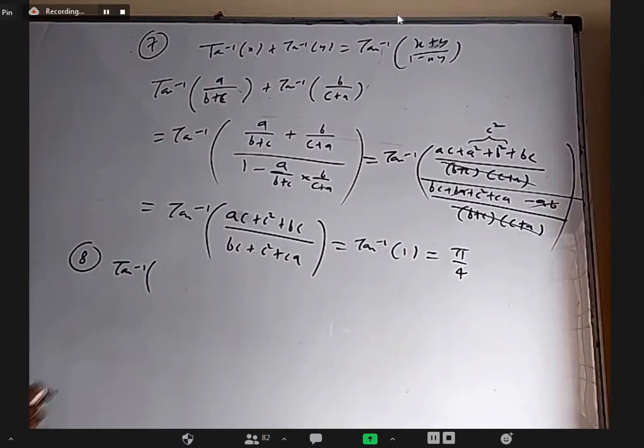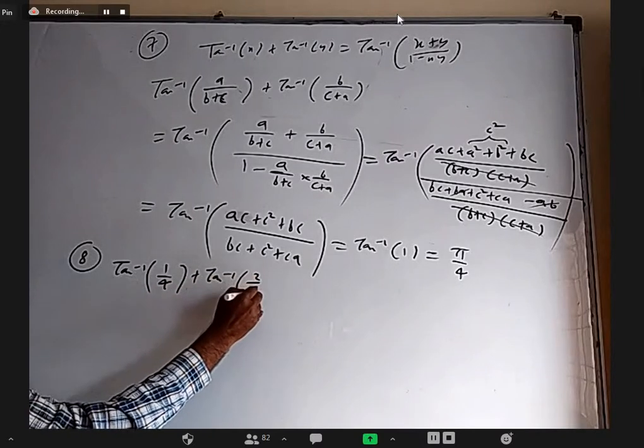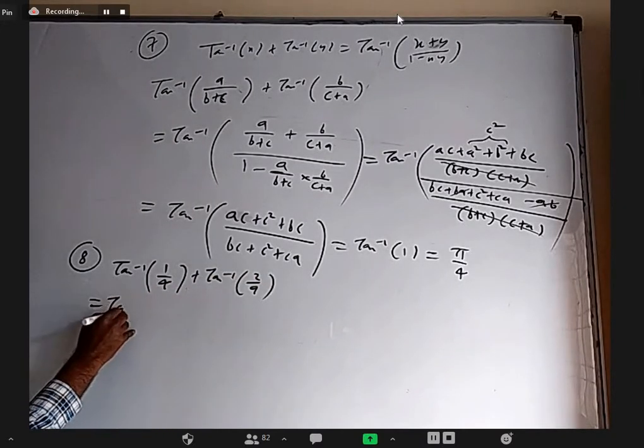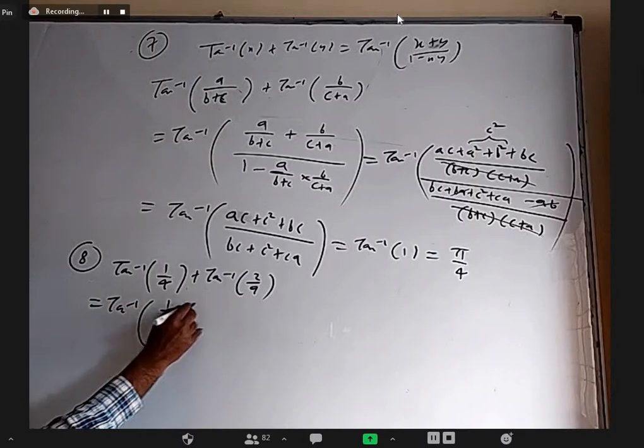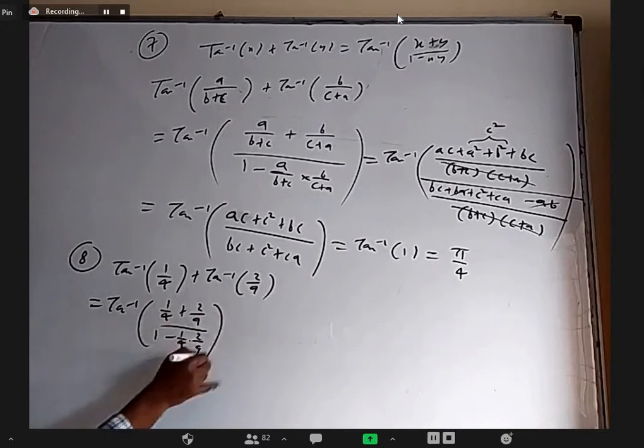So it is tan inverse 1 by 4 plus tan inverse 2 by 9. Tan inverse of 1 by 4 plus 2 by 9, by 1 minus 1 by 4 into 2 by 9.